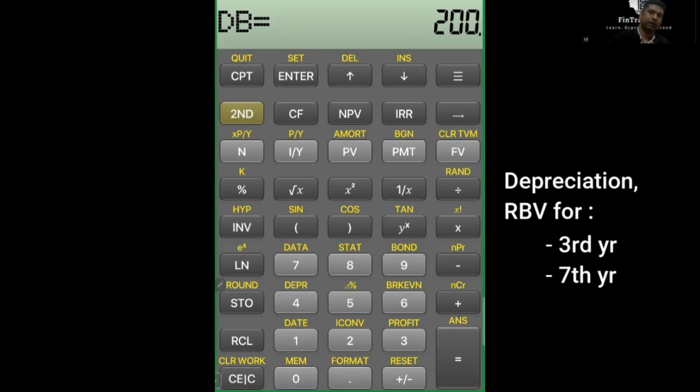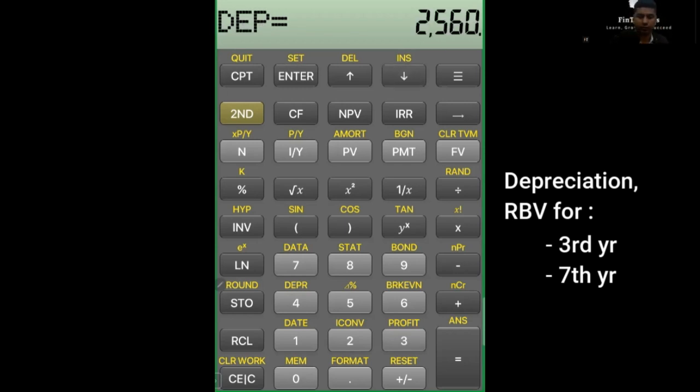Down arrow, life, same inputs, 10 years. Month is 1. Cost is 20,000. Salvage value is 2,000. And the year, in our case, 3, enter, down arrow.